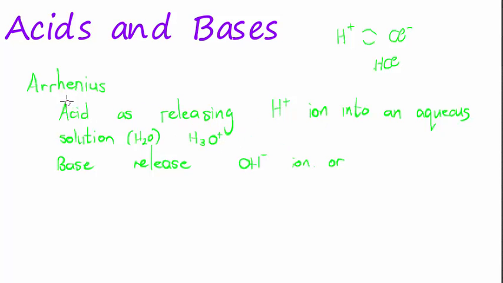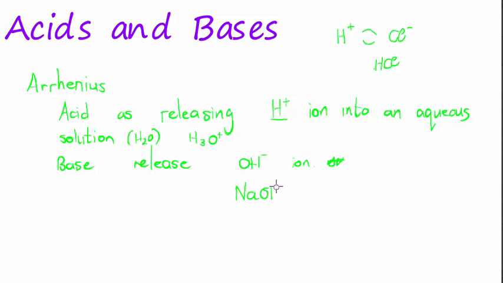So you can either think of Arrhenius as saying it's something that releases an H plus ion, or it releases hydronium ions in aqueous solutions. Then a base releases the hydroxide ion. An example of that would be NaOH. Hydroxide is an anion, and it will usually be connected to a cation, which is one of the first two columns usually in our periodic table.